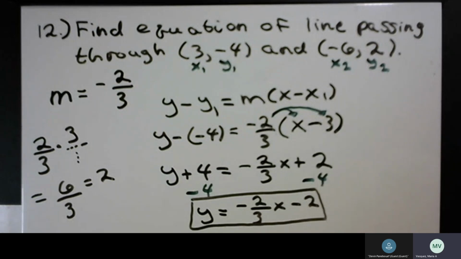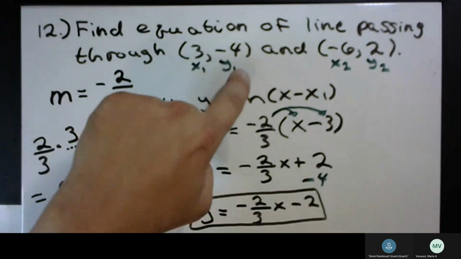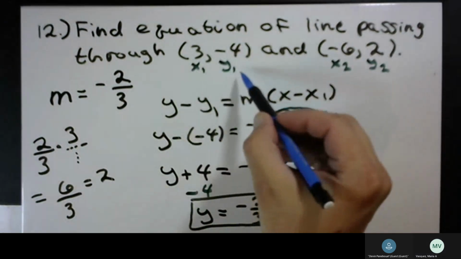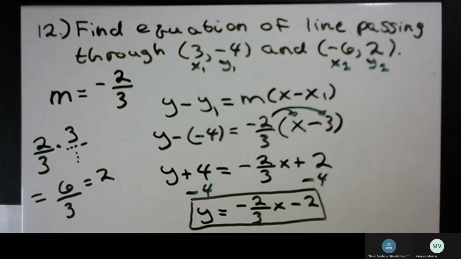You would absolutely get the same answer. It's just like if you swapped x2, y2 with x1, y1, it would be perfectly fine. Okay. Yeah, because I think in one of the videos for XYZ, that's how they set it up. Yeah, that's perfectly fine. You can do that.